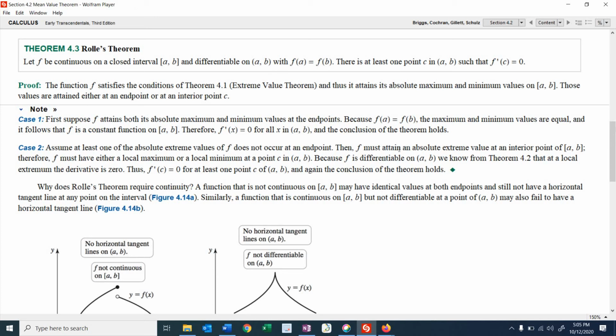So that forces the derivative at C to equal 0. And therefore, we did find some point C in the open interval from a to b where f prime of C is equal to 0. And the conclusion of the theorem does hold in that case. Okay, so that proves Rolle's theorem. We've proved both cases that are possible.